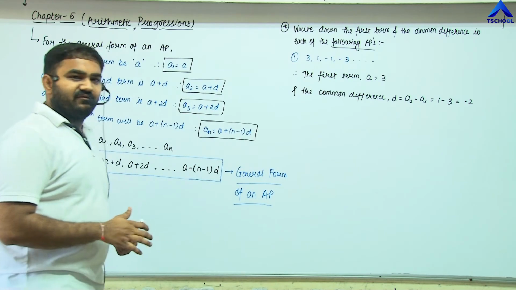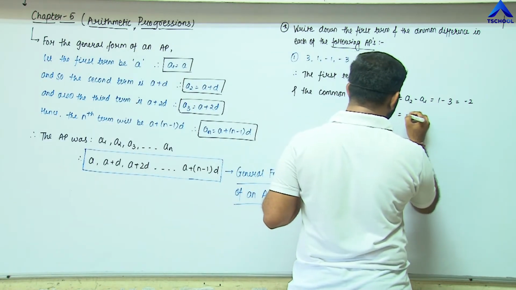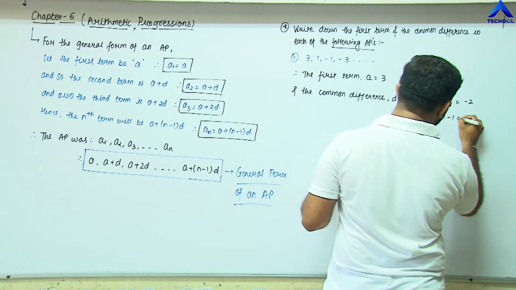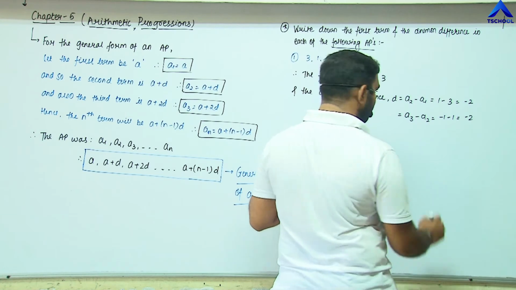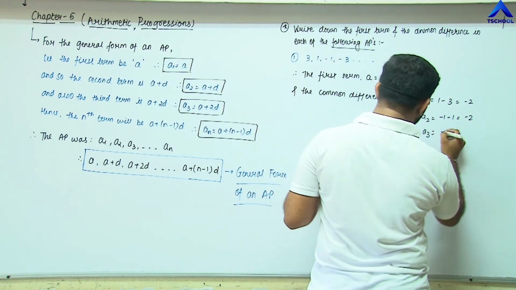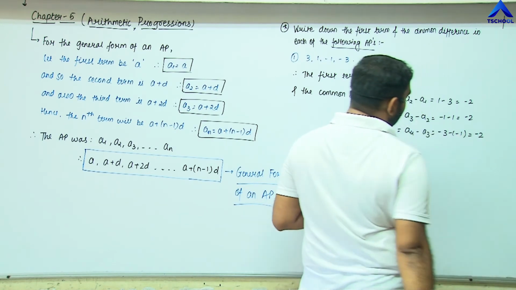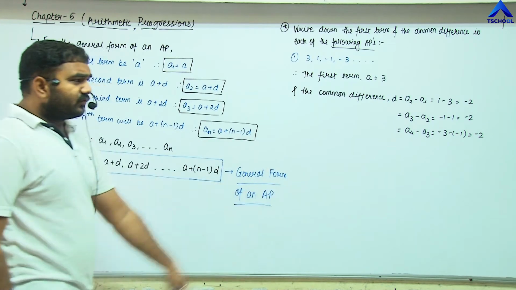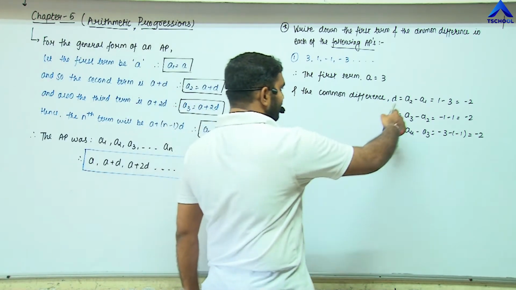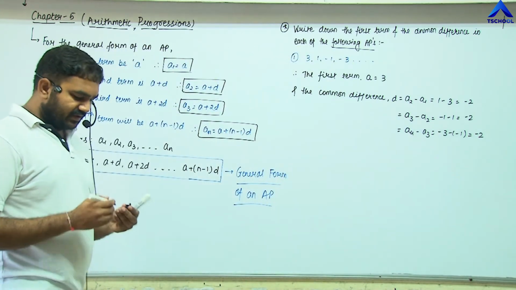Let us check for the further consecutive terms also, that is a3 minus a2, that is minus 1 minus 1, so that is also minus 2. We can also write it as a4 minus a3, that is minus 3 minus minus 1, that will be again minus 2. So we got the common difference the same in all the cases, whether it is a2 minus a1, a3 minus a2, or a4 minus a3.